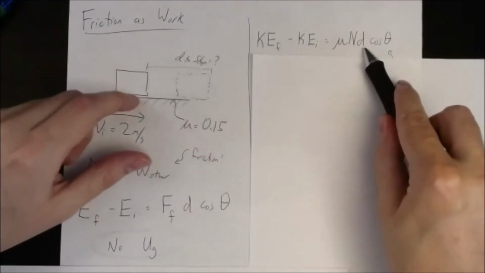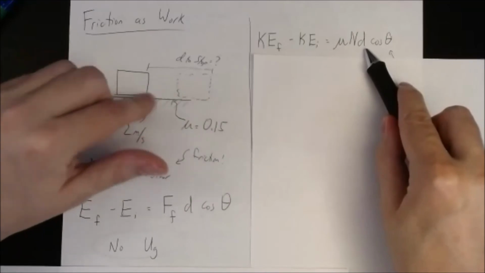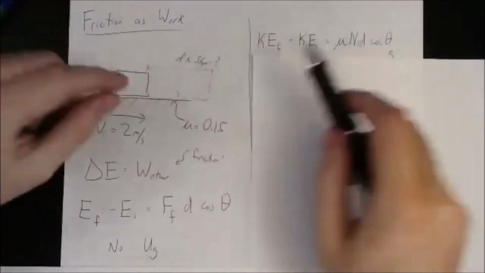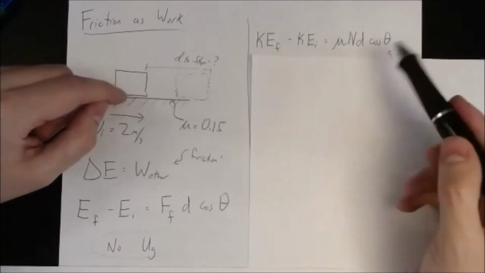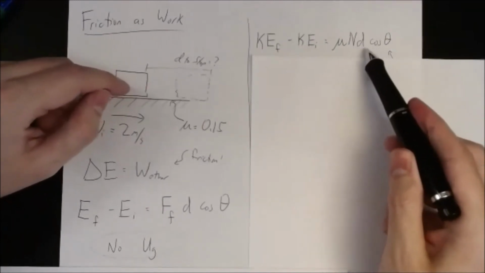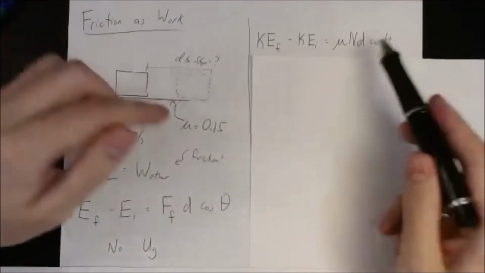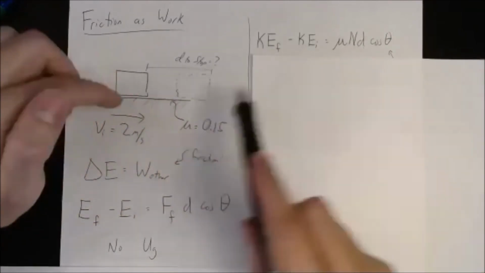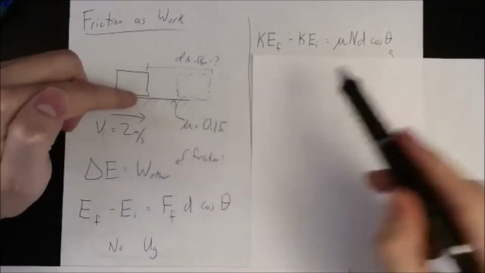That d is how far it's being affected by friction, the physical length that it's being affected by friction, which is also how far it needs to go before it stops. That d is really referencing the distance that it's experiencing friction, but that is functionally the exact same as the distance that it goes before it stops.